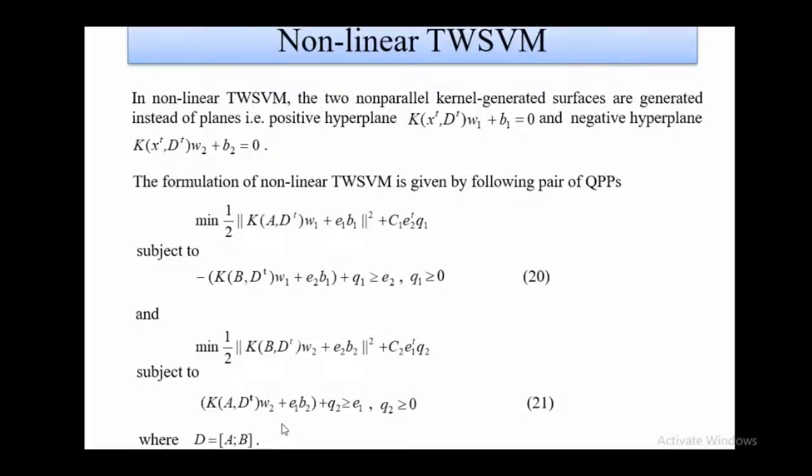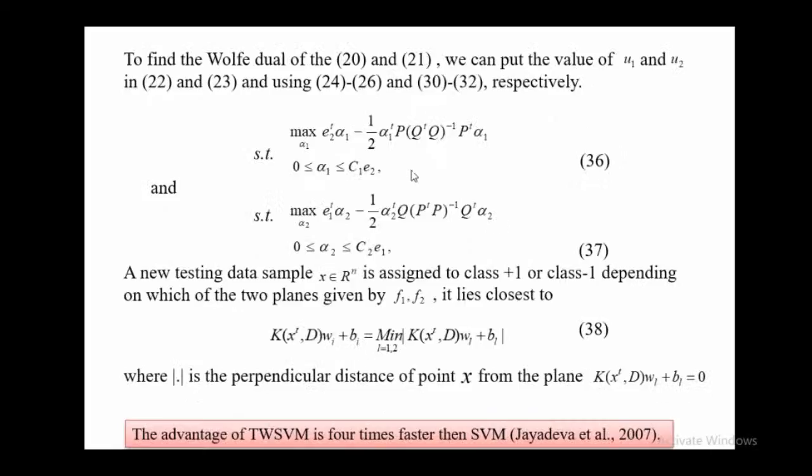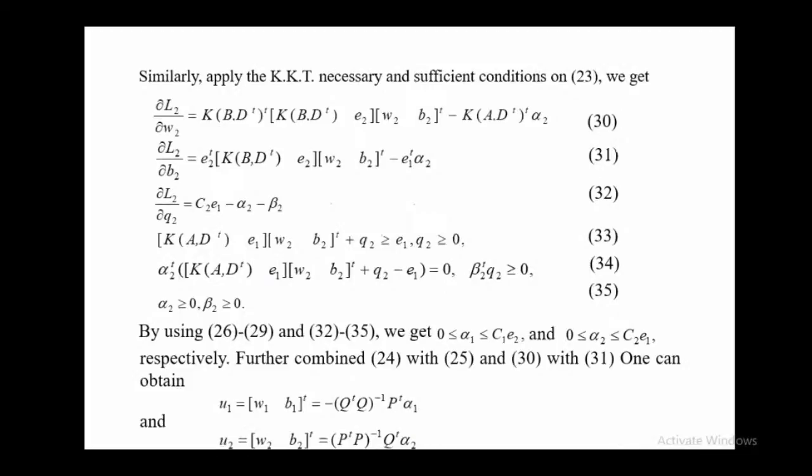In the previous case we wrote it in minimization terms. In the previous case we assumed this H and G. H is nothing but A augmented with E, and G we have represented in terms of B and E. So here P and Q. You can see here we have written this P and this Q. Ultimately this is your B, this is your A. Whatever I want to tell you is that you just need to replace this particular term. So you will get the same formulation whatever we have done for the linear case.